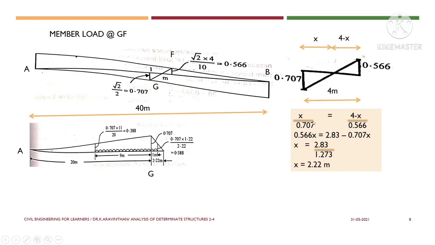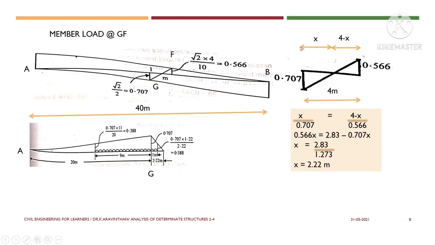You can equate these ratios in order to find x. So the only unknown is x here. You can cross multiply, take all the x components to one side and divide 2.83 by this x component, and you will be getting x equal to 2.22 meter from the left hand side.